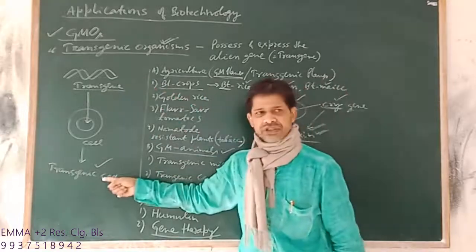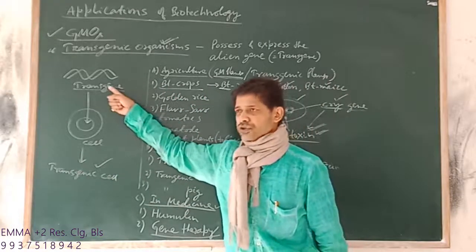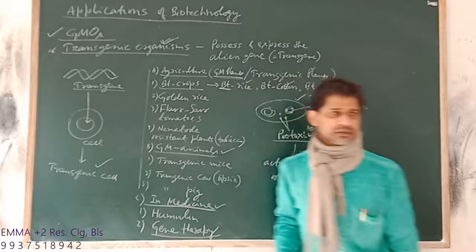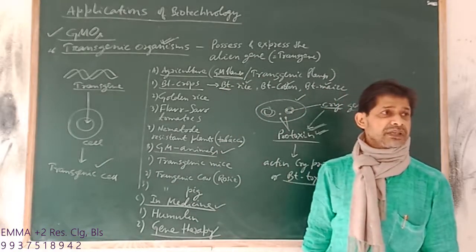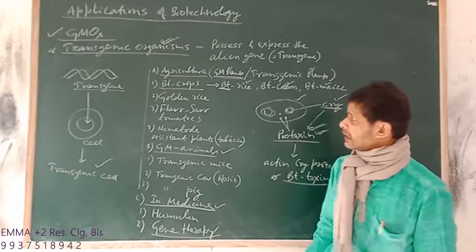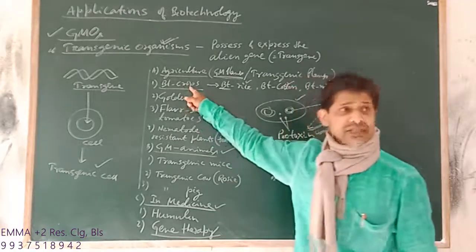By genetic engineering, we introduce the cry gene into the plant body, so the crops become transgenic. These are Bt crops. These are insect resistant crops.